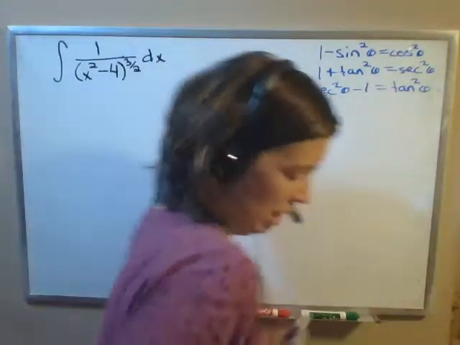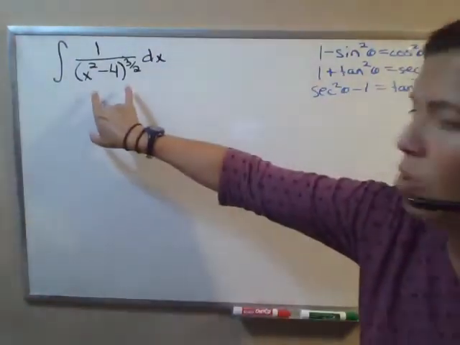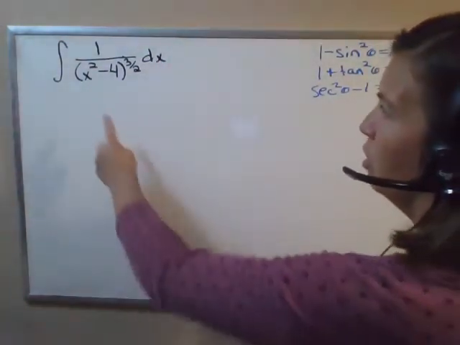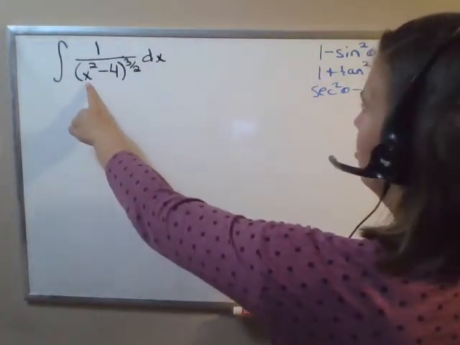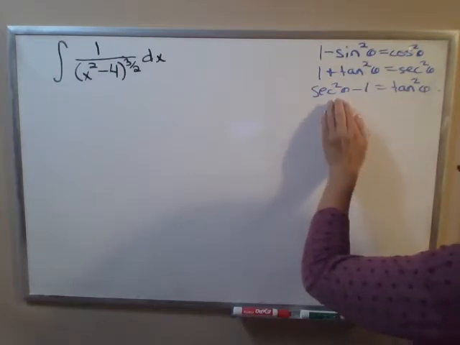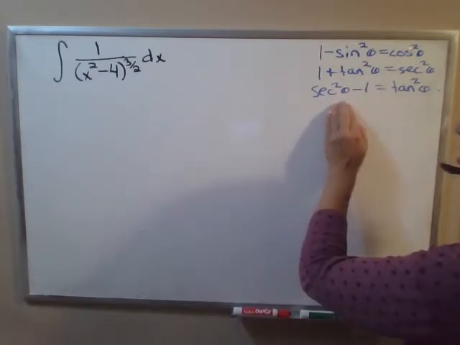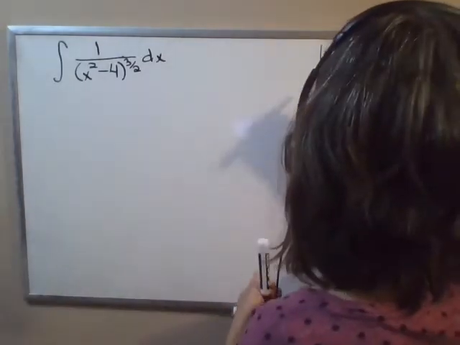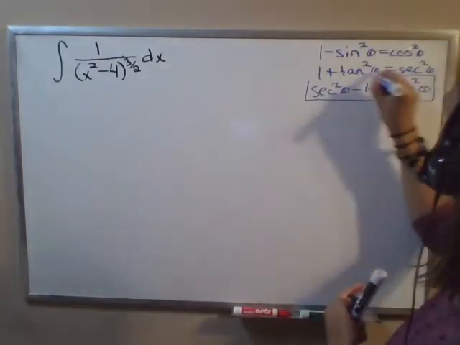Remember that the trig function is going to replace x. So we want the identity that puts the trig function in front minus a constant. So we're going to use this third identity in this problem.